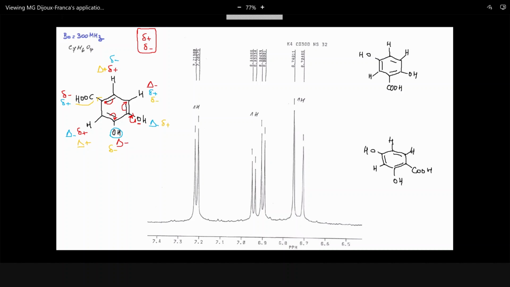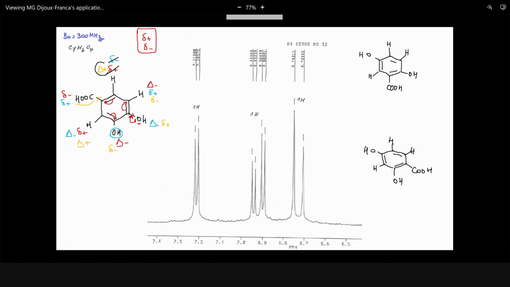So when we make the addition of all the effects for each proton group, which is what we are interested in, we can see that a strong delta minus effect overlaps with a small delta minus effect.